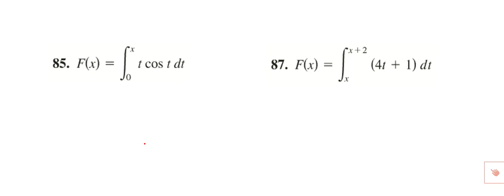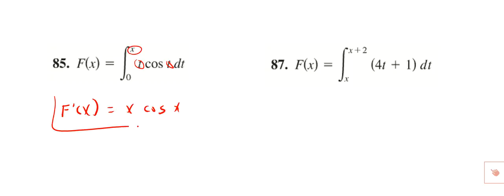So we can quickly find the derivative of the antiderivative, or capital F prime of x, by replacing the t's with x. So x times cosine of x. Again, you could go through step 1, find the antiderivative of t cosine of t, and then find the derivative of that antiderivative. However, that saves you some time with this one. You don't have to do that work.